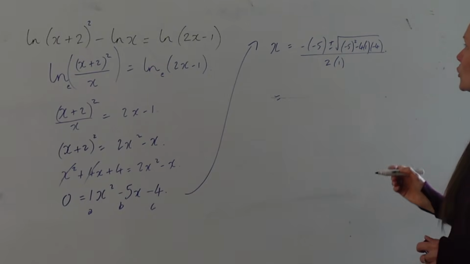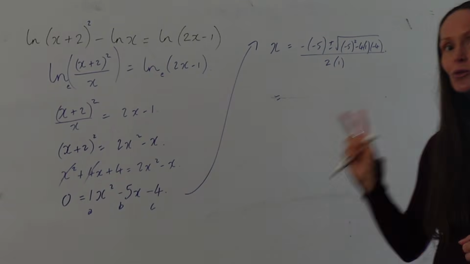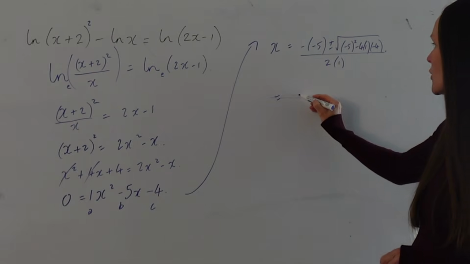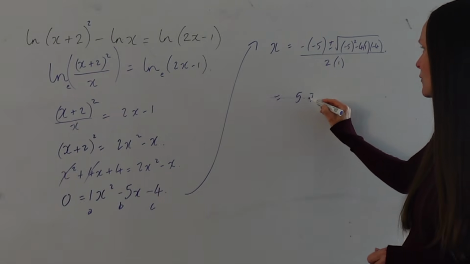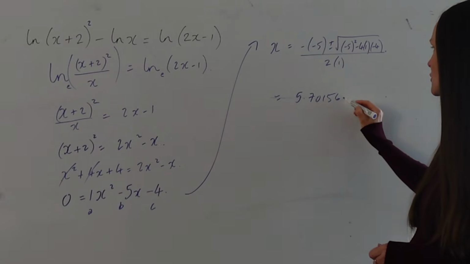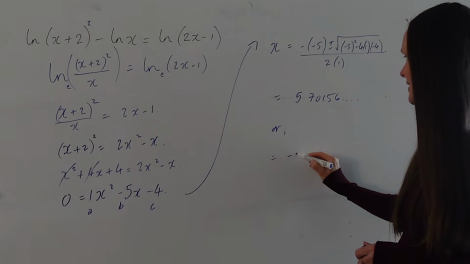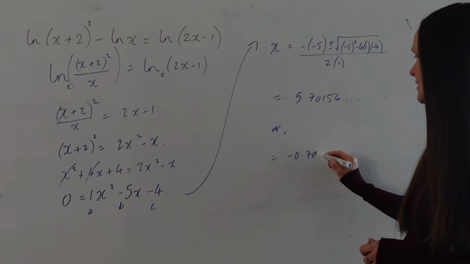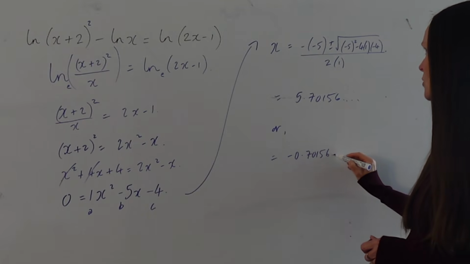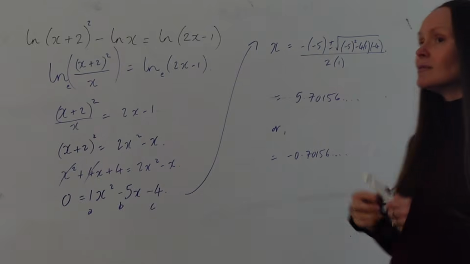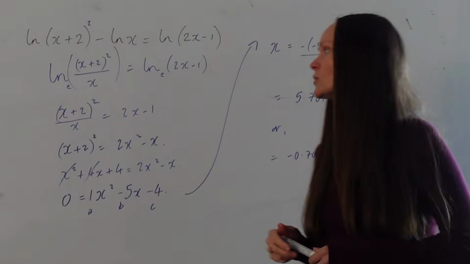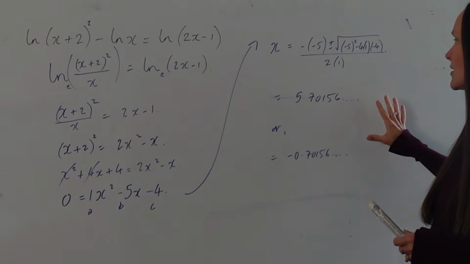When you put that into your calculator, you get 2 solutions. One of them should be 5.70156, and so on. And the second one is negative 0.70156, and so on.